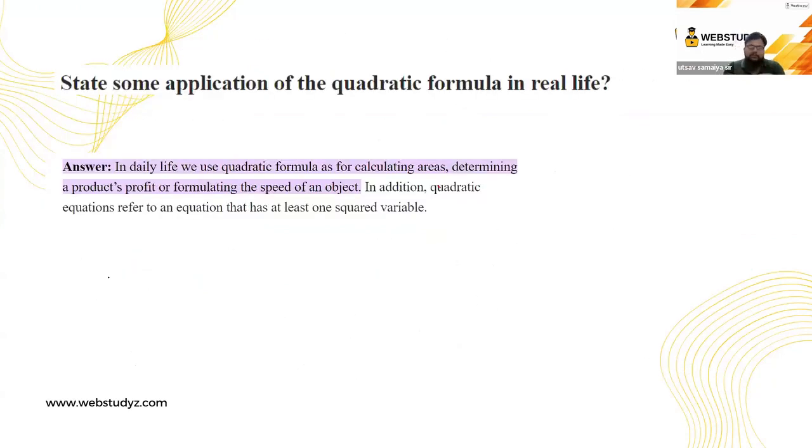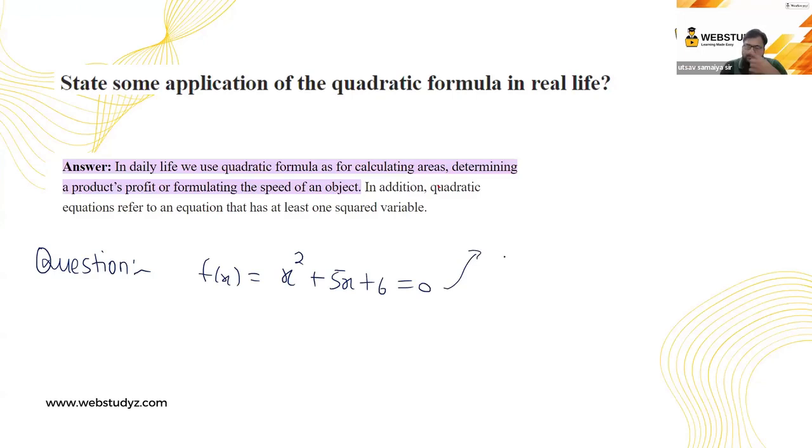Now let's solve one more question. Suppose we have f(x) equal to x square plus 5x plus 6 equal to 0. Now we have to solve it using completing the square. So first what we will do, we know a plus b whole square is a square plus b square plus 2ab.